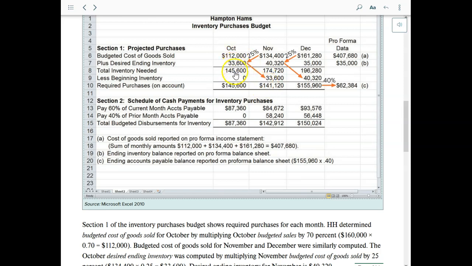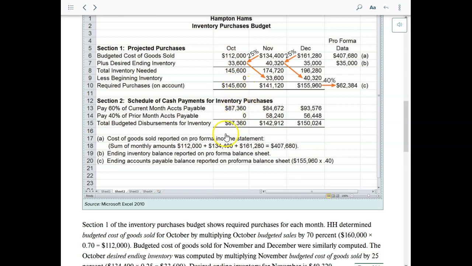So our inventory needs for this month, $145,600. Since this is the first month of operation for this store, we don't have any beginning inventory. So we have to buy $145,600 worth of inventory for October, and that will cover October sales and the inventory left over at the end of October.